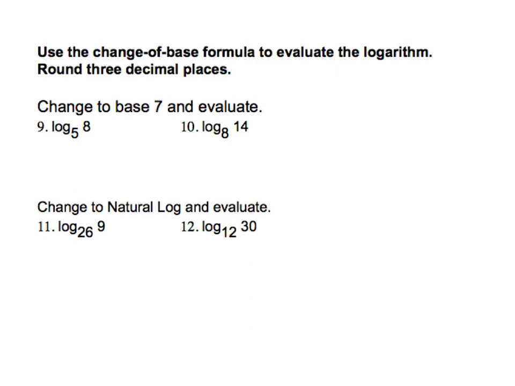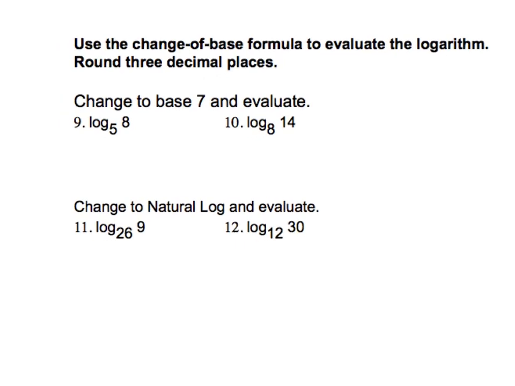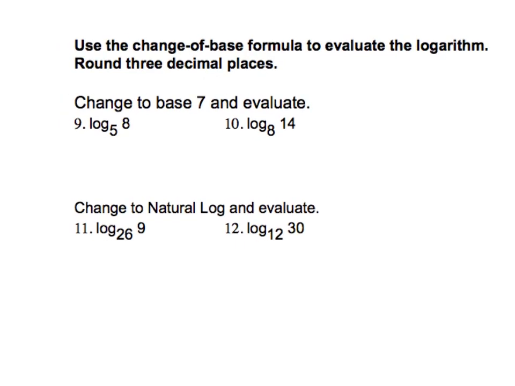And here we're just changing it to different bases this time. So the first one says change to base 7 and evaluate. Well, number 9 currently is base 5. So if I want to change it to base 7, I'm going to have the same basic idea as when I change it to base 10, except my base is now going to be 7.